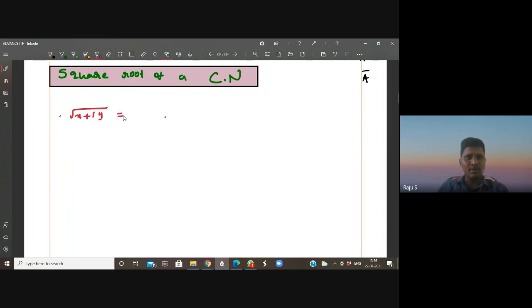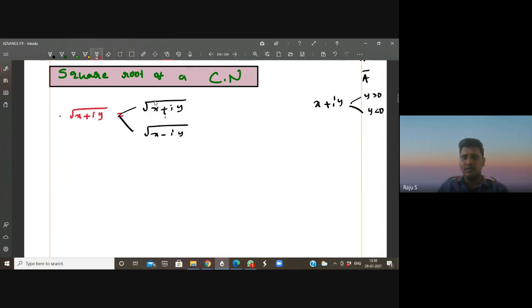Two cases will be there, depending on y. I'm going to write two cases here: root over x plus iota y and root over x minus iota y. When you take a single value x plus iota y, the two cases are y greater than 0 and y less than 0.